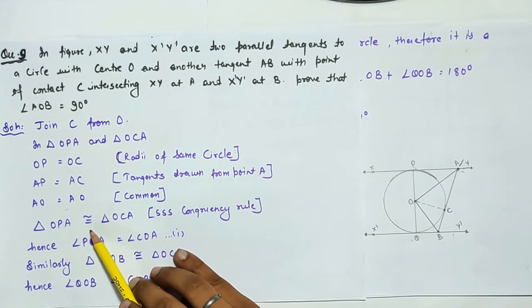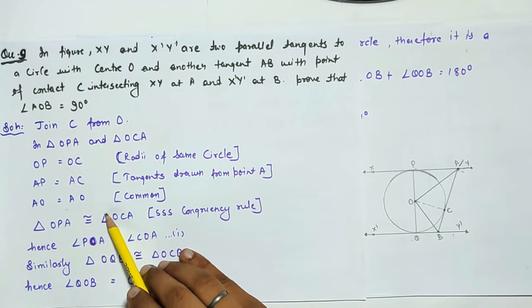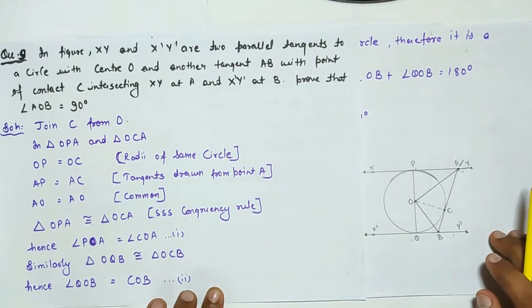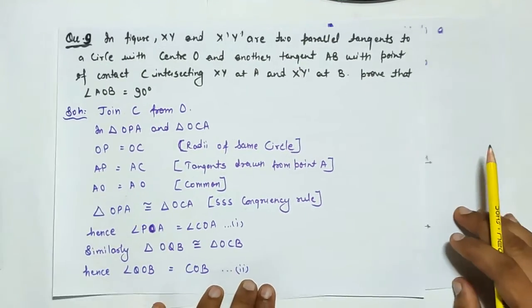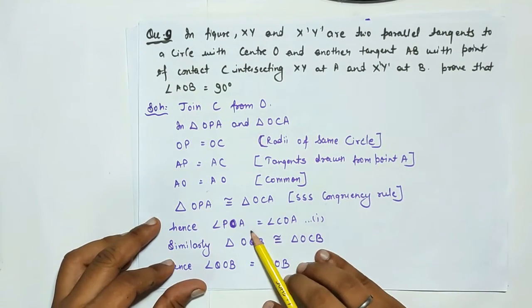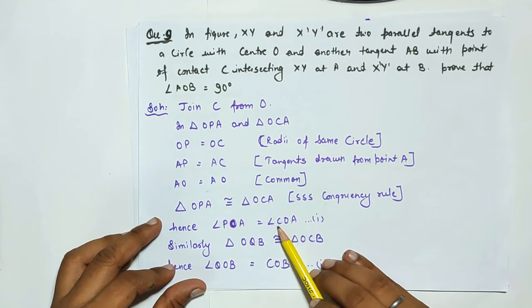Triangle OPA is congruent to triangle OCA by the SSS congruency rule. Hence angle POA is equal to angle COA.